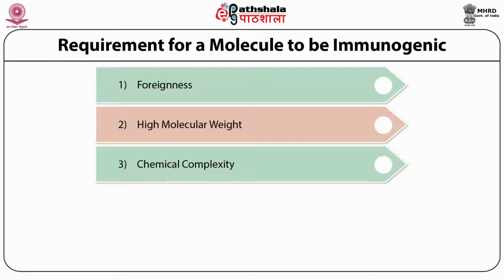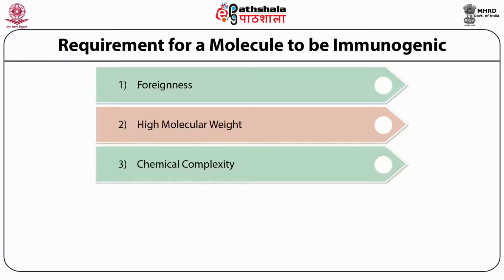The best example I can give you is collagen. When collagen undergoes denaturation, you get a molecule which is not immunogenic. Even though the collagen contains all the amino acids, it lacks a few important key amino acids. That is the reason it is not able to induce an immune response.